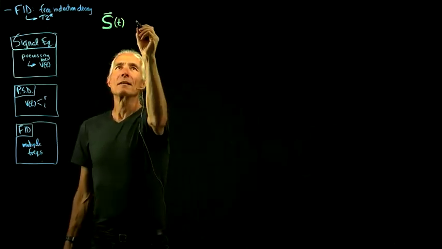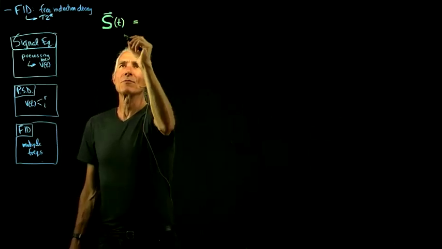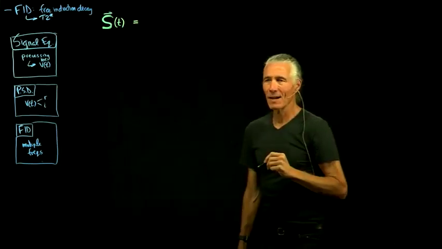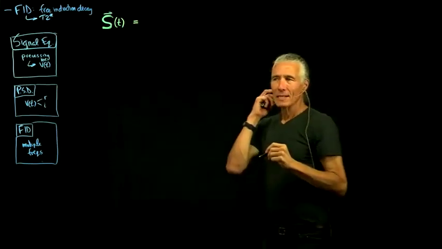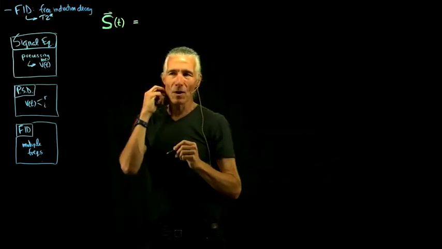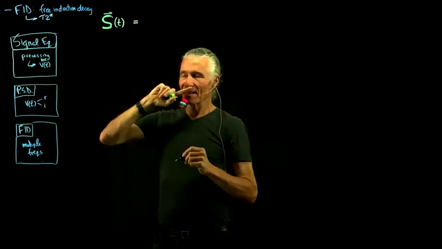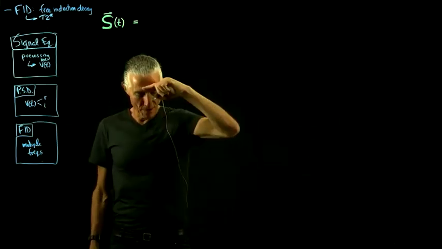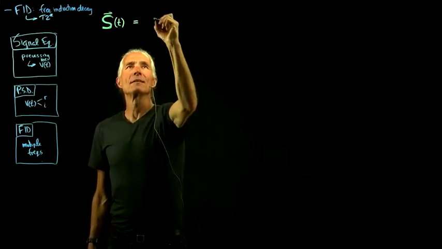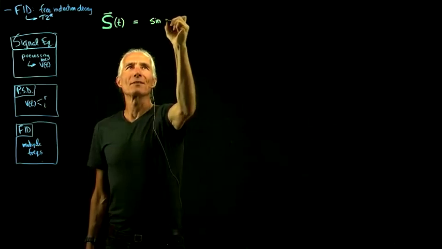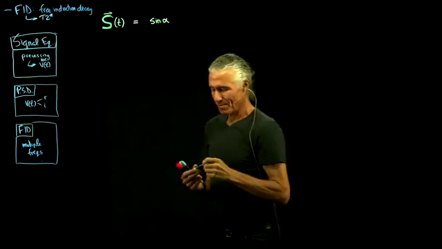That one is a function of time. What we want to do is integrate over all the different frequencies. And to start with, the very first thing we have in there is the sine of the flip angle. So where does that come from?